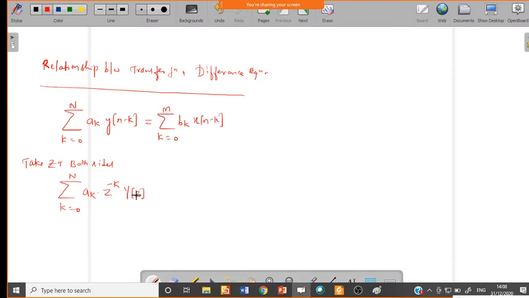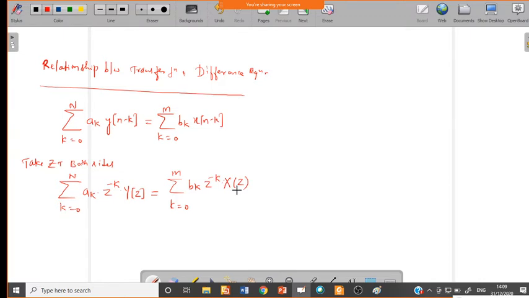Similarly on the right side, taking the z transform, we get summation k equal to 0 to m, bk into z power minus k into x of z.